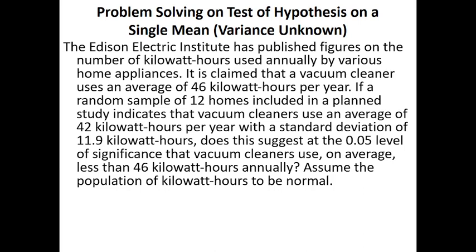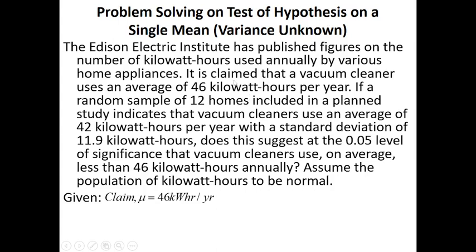So let's analyze. Given, the claim is that the mean of the population is equal to 46 kilowatt hours per year. So this is mu sub 0. This is the claim: mu equals 46 kilowatt hours per year.